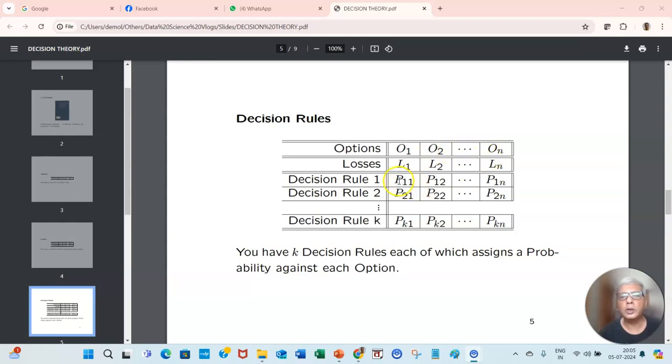So you have probabilities P11, P12, P1n for rule 1, which gives these probabilities to these options. And for rule K, you have pk1, pk2, pkn probabilities over the options. So you need to choose the best decision rule. Each decision rule is a probability distribution over the options.